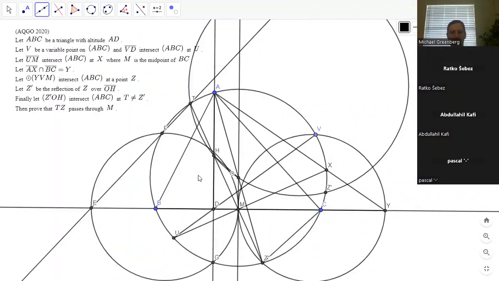So angle FGM is angle FGA plus MGH, and MGH is MHD. So that's probably not hard to calculate.